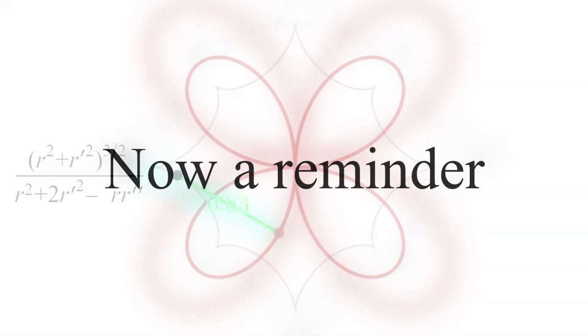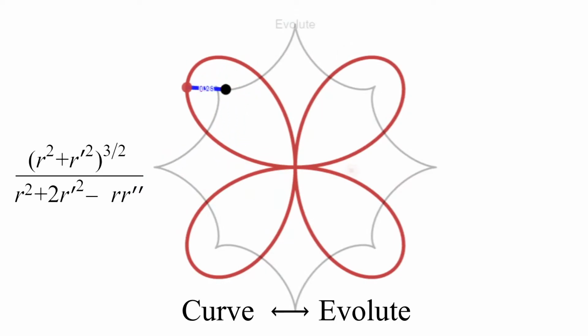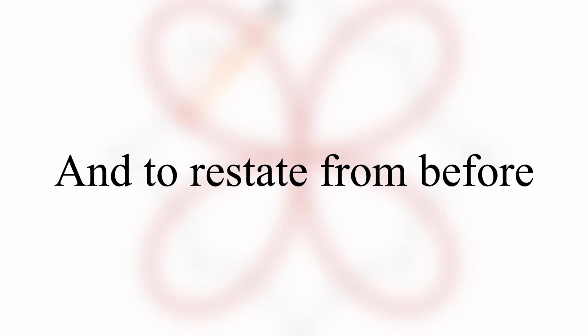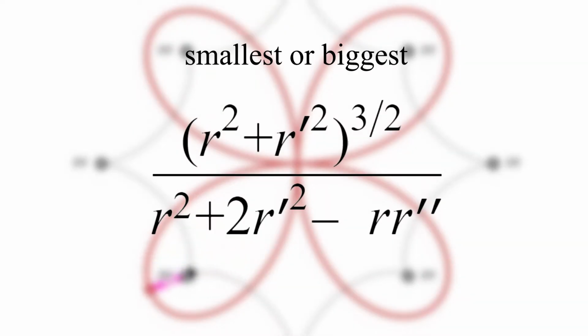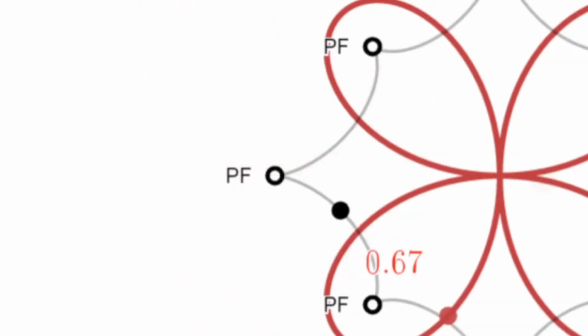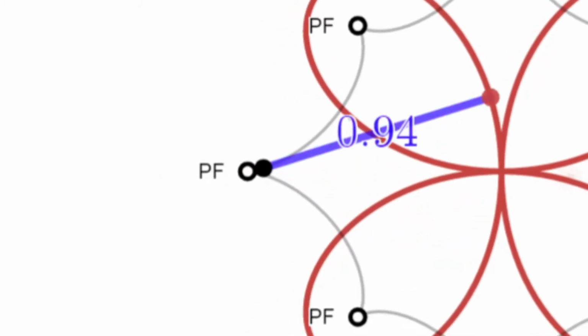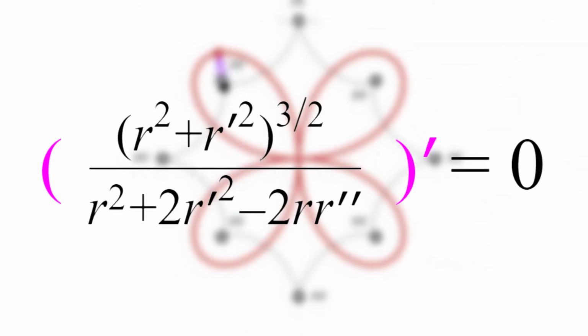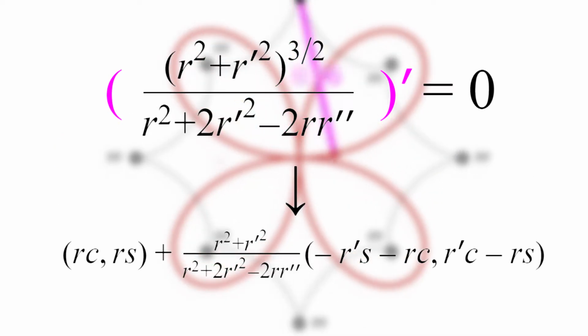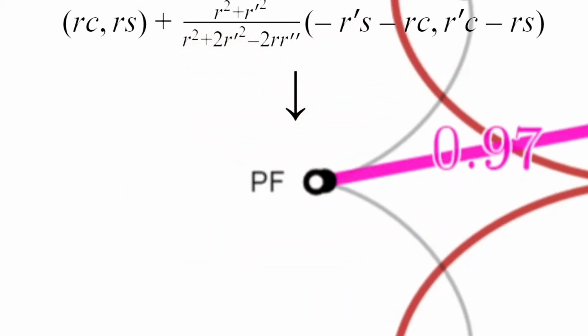Now a reminder that this thing represents the distance from the curve to the evolute. And to restate from before, whenever this expression is the smallest or biggest value, the evolute reaches its peak. So mathematically, when the magnitude's derivative is 0, the evolute parameter yields a coordinate that pinpoints its pseudo-foci.